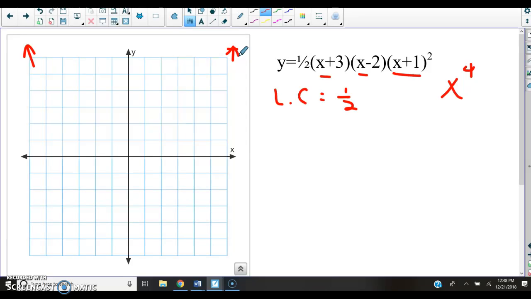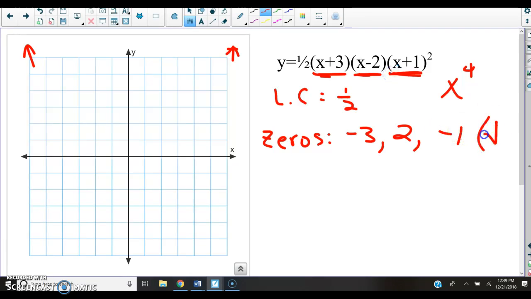Okay. I've got my zeros, my x-intercepts. Here, if x is -3, I have 0. Here, if x is 2, I've got 0. Here, if x is -1, I got 0, but it's squared. So that's a double root or double 0, or however you want to mark it so you know it's double.